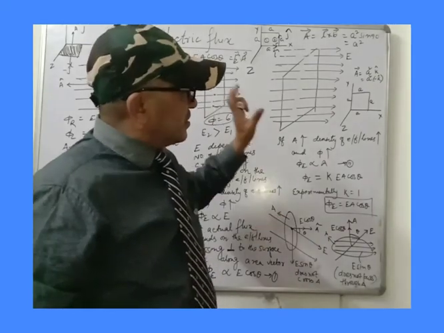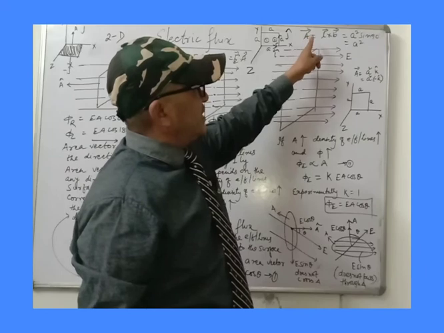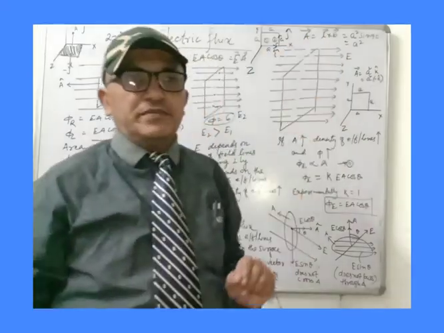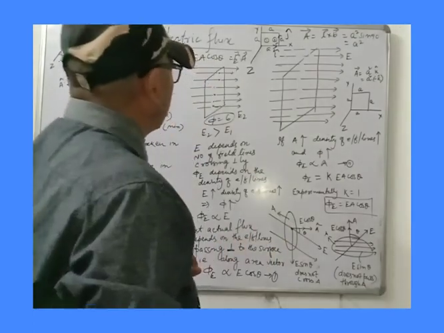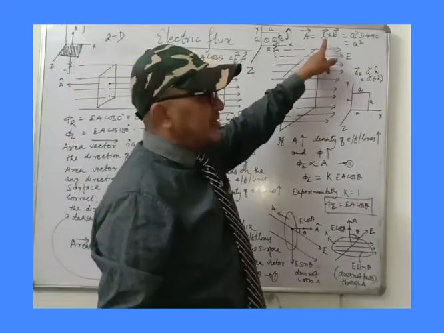But the actual matter of fact is that area is a vector quantity, and it is found by L cross B or A cross A. That's why area is a vector quantity. So what is the direction of the area vector?